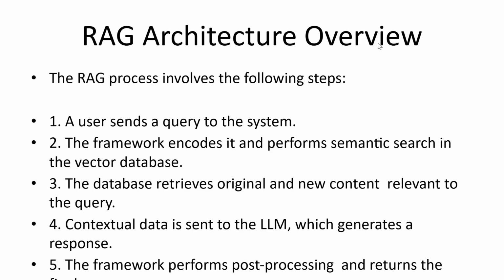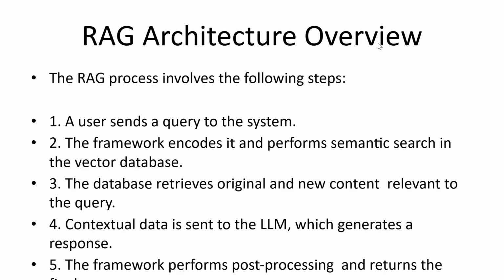Now we will see the architecture overview. The first step is the user sends a query to the system. The framework encodes it and performs semantic search in a vector database. Then the database retrieves original and new content relevant to the query, or matching the query, and the contextual data is sent to the LLM for generating new content.